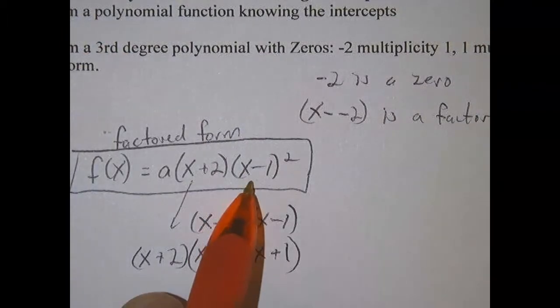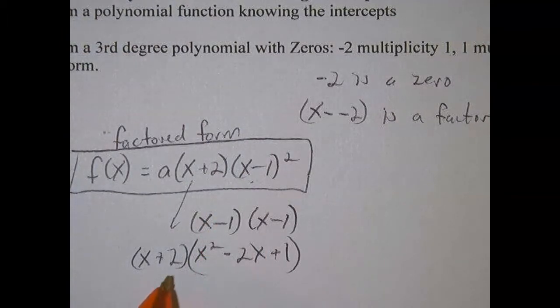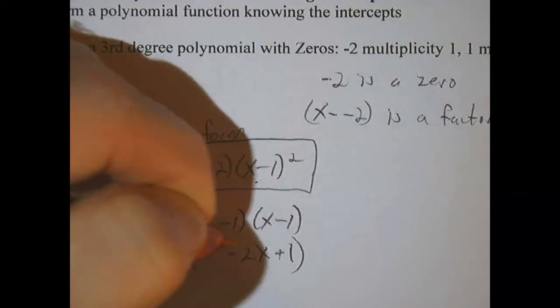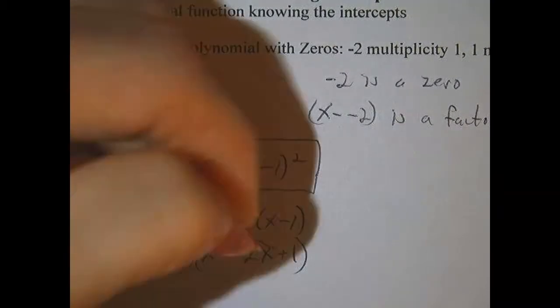So far I've just expanded this out to these three terms. Now I'm going to multiply these 2 terms by these 3 terms. Essentially I'm distributing twice. First I'm going to distribute the x to each term.